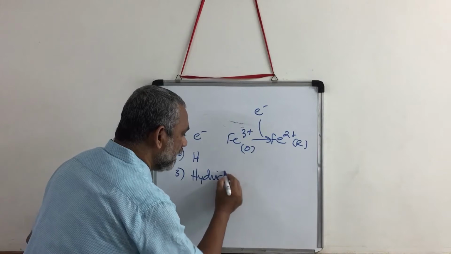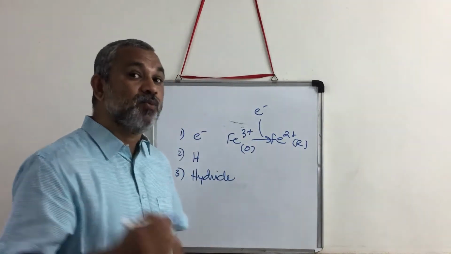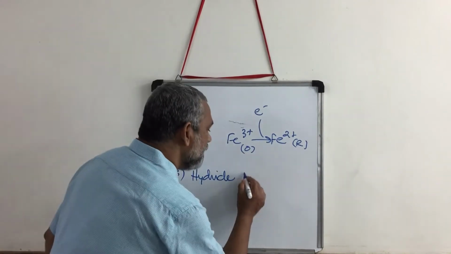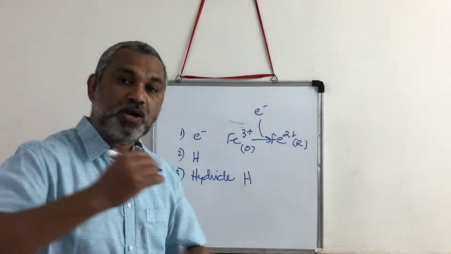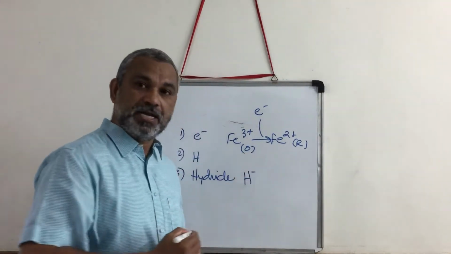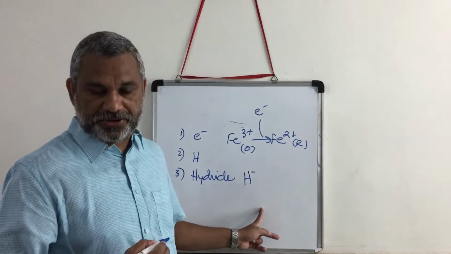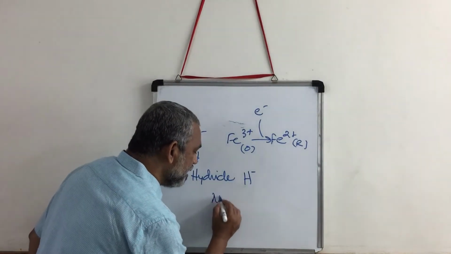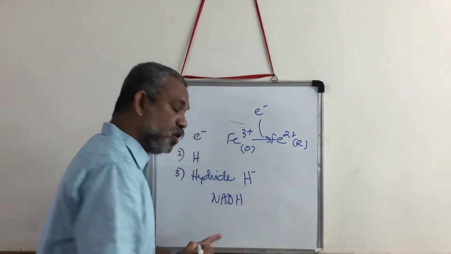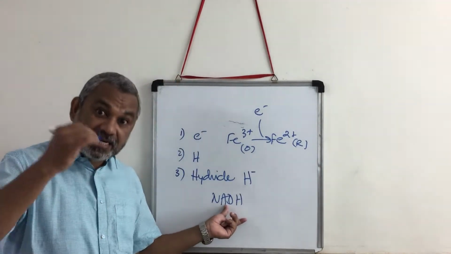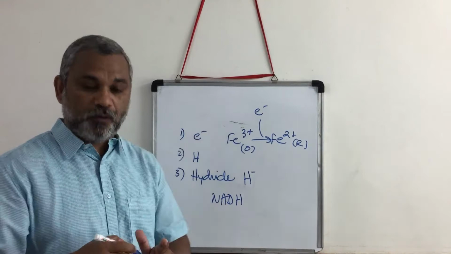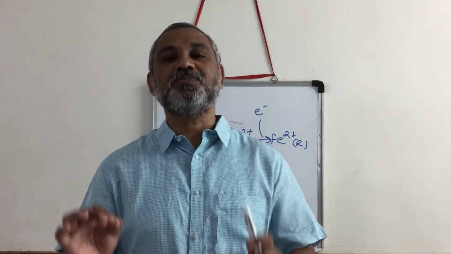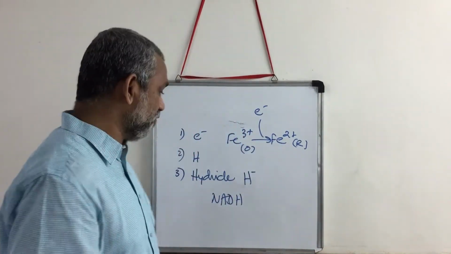What does that mean? It has a hydrogen, and you add one more electron to this. So this is a hydride ion. You will see such hydride ions in NADH. These are the three ways by which electrons can be transferred.